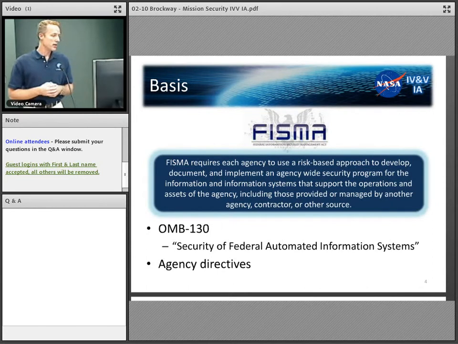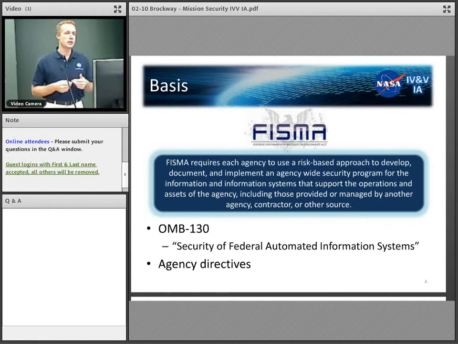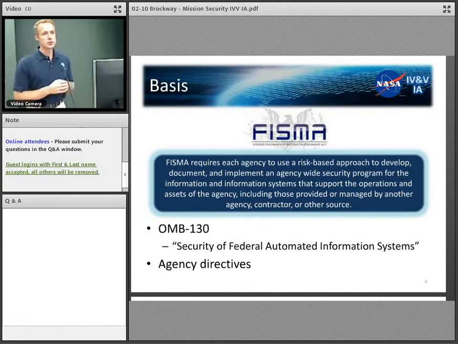And the Office of Management and Budget has established those requirements for security of federal automated information systems, and then indeed each agency, and certainly NASA, has agency directives to apply the FISMA framework, OMB directives, presidential directives, and otherwise.